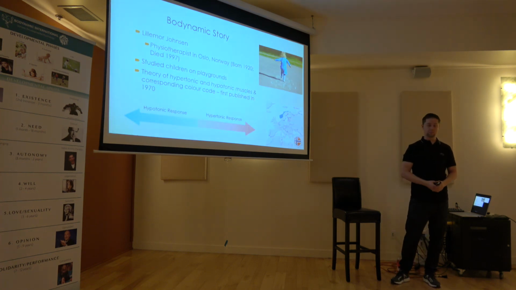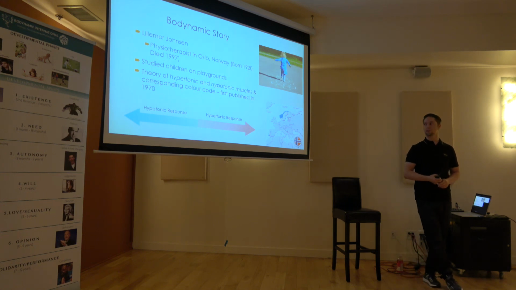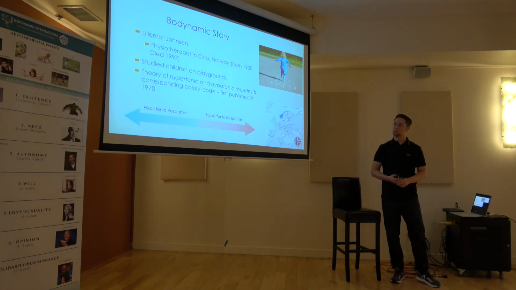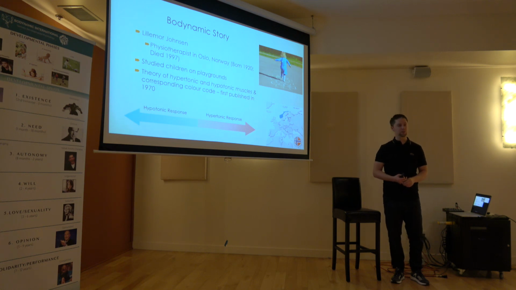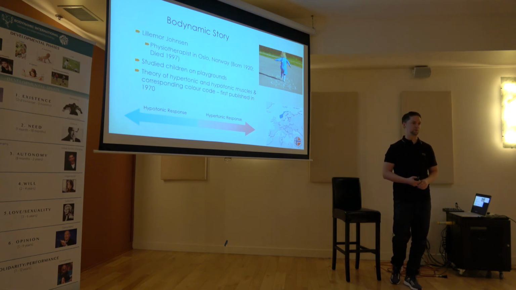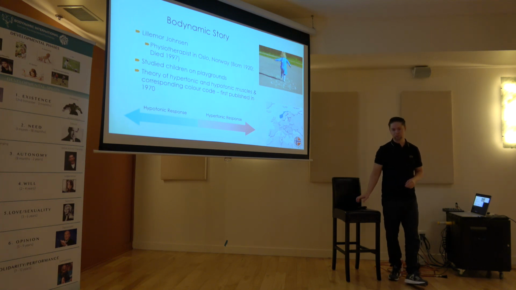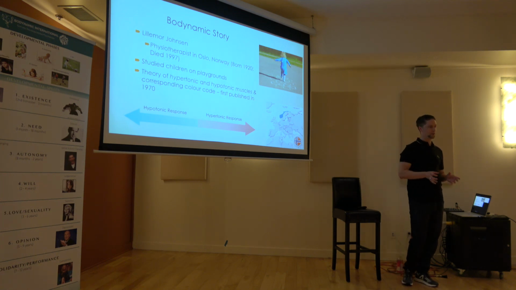So the other person that's really important in this story is a physiotherapist by the name of Lillemor Johnson in Norway. Lisbeth Marker was aware of her work, and Lillemor Johnson was working with children on playgrounds. She noticed that certain children would have difficulty doing certain activities on the playground versus other children.